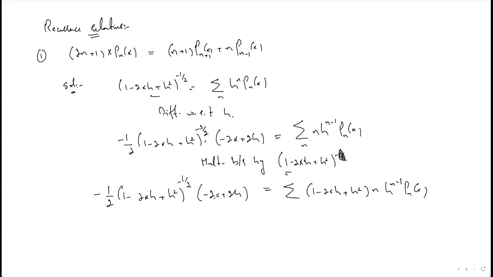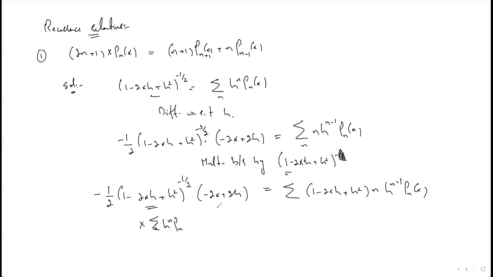See, now these are actually two terms. I am going to write it like this: minus 2x into this, so minus 2 minus will become plus, it will be simply x, and for this term what should I write? I will write summation over n h raised to power n pn.